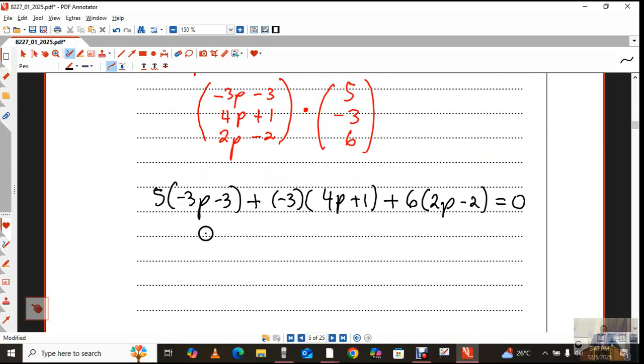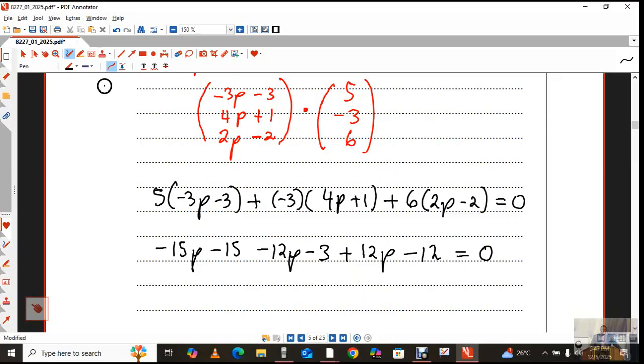You just have to clean up what they have. So here you're going to have negative 15p minus 15, then you have negative 12p minus 3, then you have plus 12p minus 12, and then you say that equals 0. What is it that we are seeing?